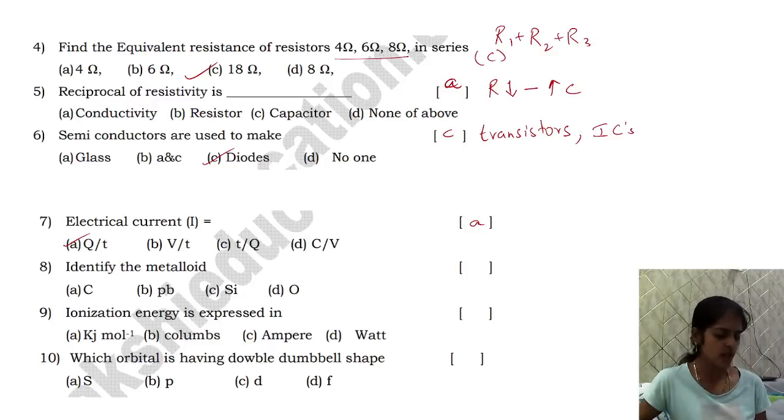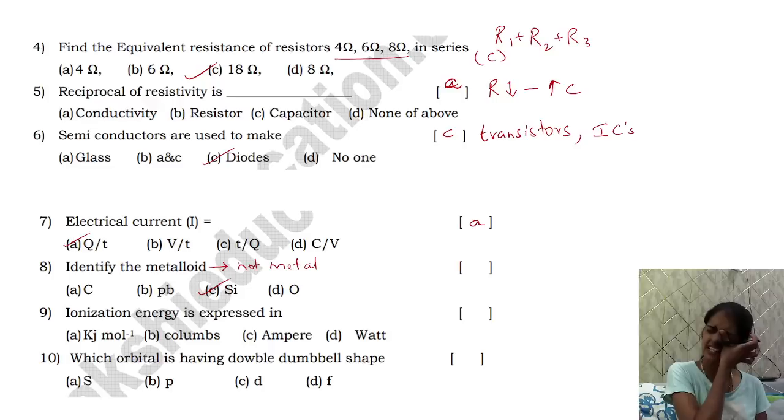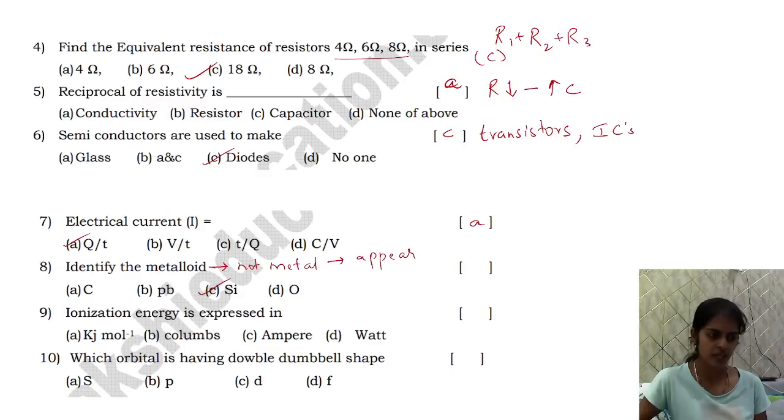current. Next one, identify the metalloid. Which is the metalloid? See, silicon is the metalloid. So what is a metalloid? Let me tell you, it is not a metal. A metalloid is not a metal, but it appears like a metal. By looking at it, you may feel it is a metal, but it is not actually a metal.